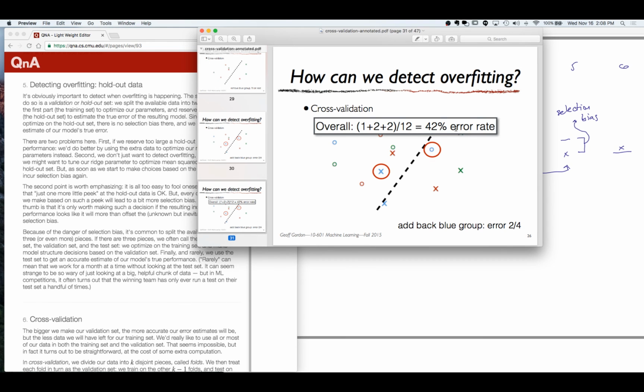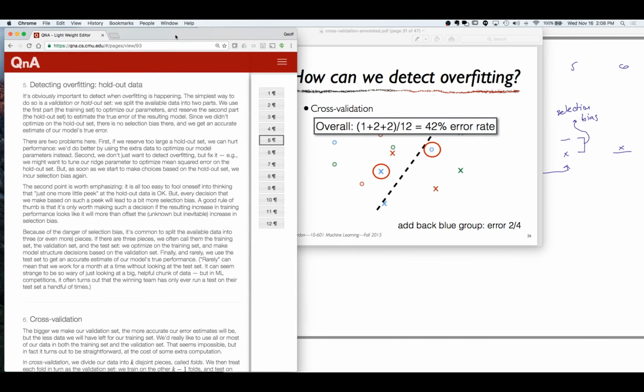And so we estimate a 5 out of 12 or 42% error rate. All right. So that's called cross-validation because we use every fold to check every other fold. And then we switch and use the second fold to check the first fold.